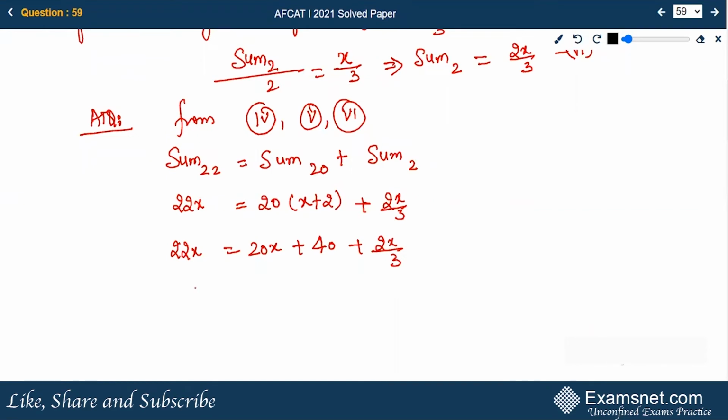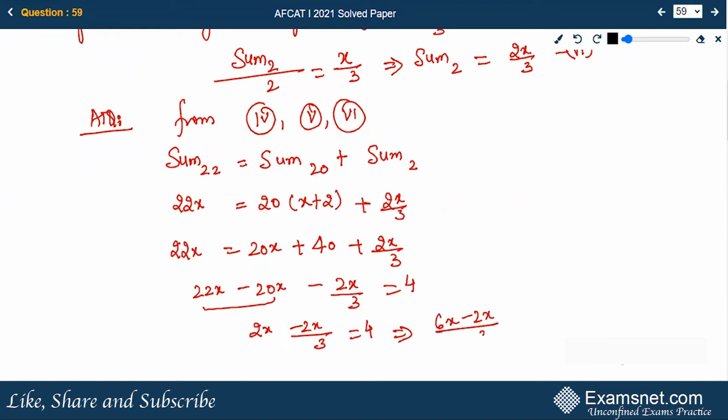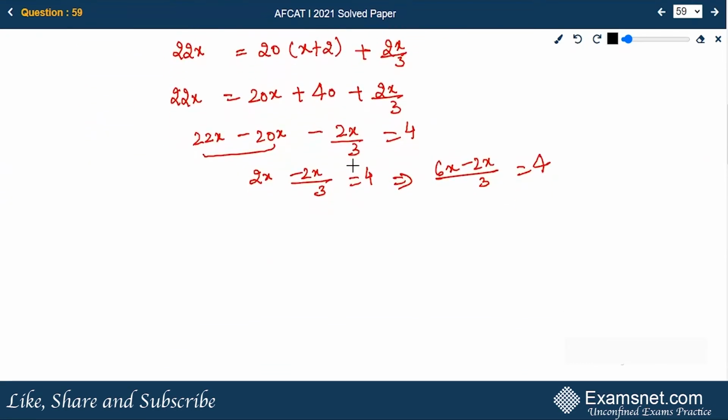So this gives you 22x minus 20x minus 2x upon 3 is equal to 4. This is equal to 2. So 2x minus 2x upon 3 is equal to 4, which gives you 6x minus 2x upon 3 is equal to 4, which is 4x upon 3.